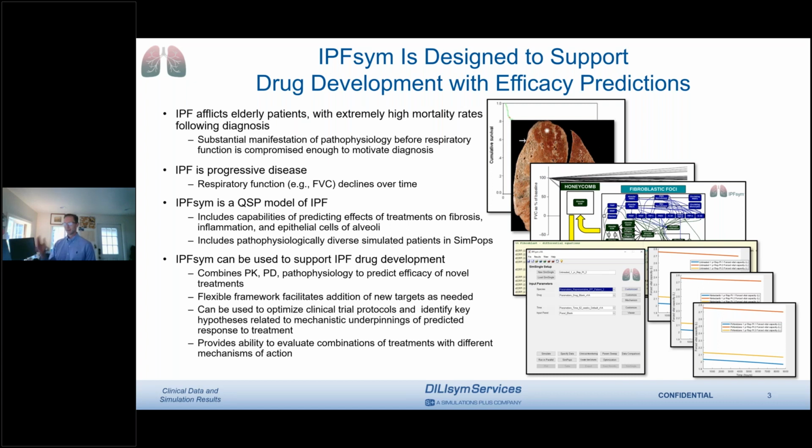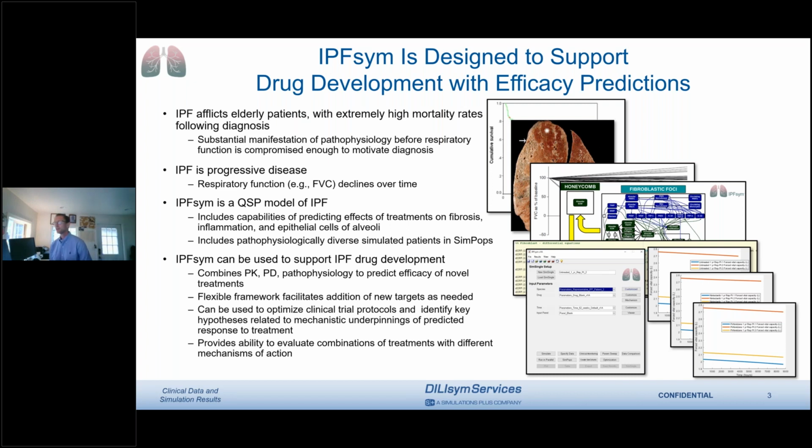It can support proof of concept, phase 2, phase 3, and so on. Really broadly applicable. We've designed it to be very versatile in that way. Another unique aspect of QSP modeling is the ability to evaluate two different treatments from a mechanistic point of view.